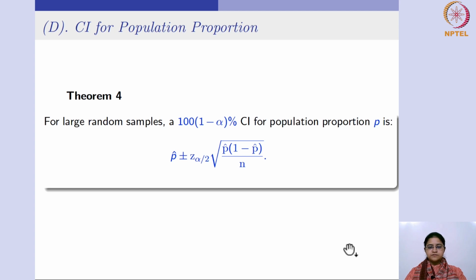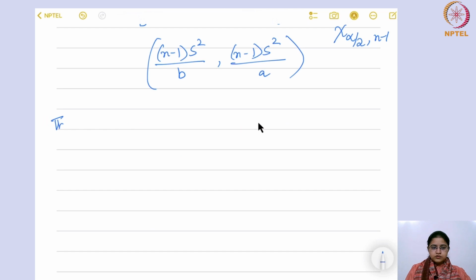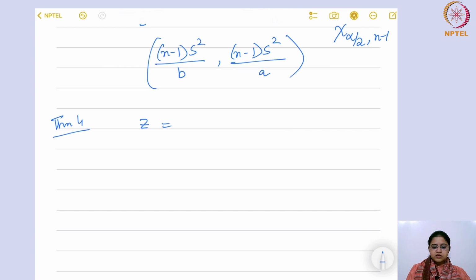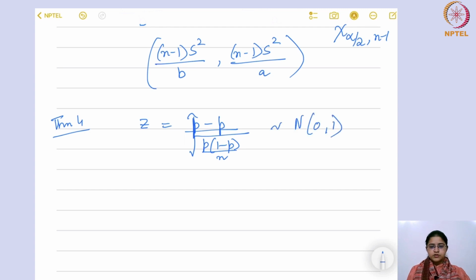So let us see how to prove this. Our last result for this week is the confidence interval for population proportion. We know that p hat minus p over the square root of p into 1 minus p over n follows the standard normal distribution.